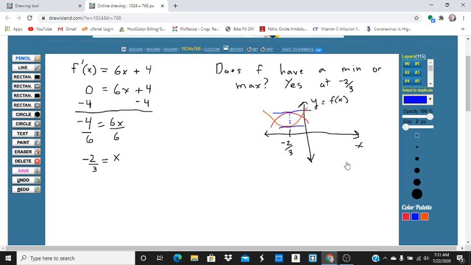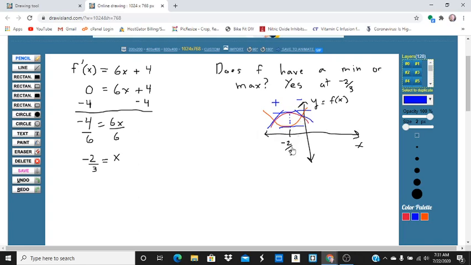If we have a maximum, you're going to have a positive slope, meaning first derivative is going to be positive before negative 2/3 because a tangent line like this is going to be positive. It's going to be negative above negative 2/3 if you have a maximum.